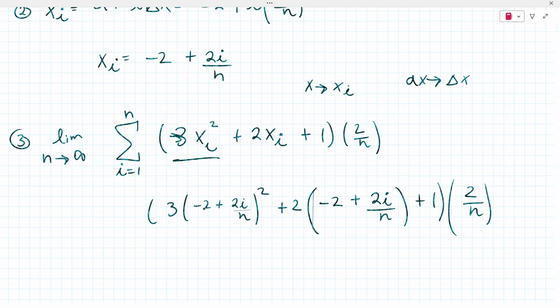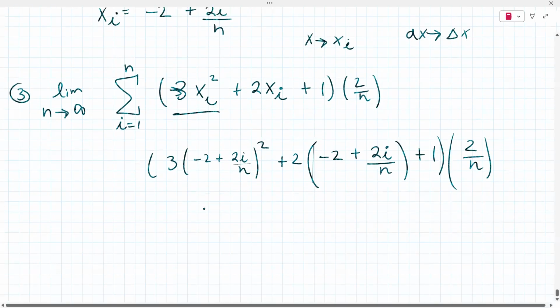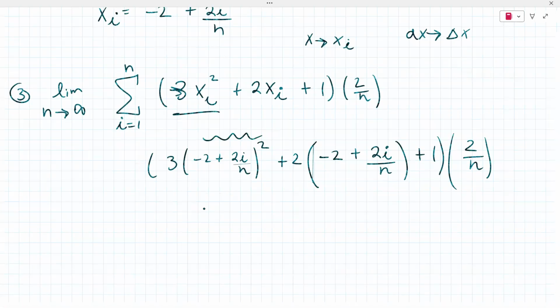So if you clean this up, -2 plus 2i over n squared, when you FOIL this out, it gives you 4 minus 8i over n plus 4i squared over n squared.